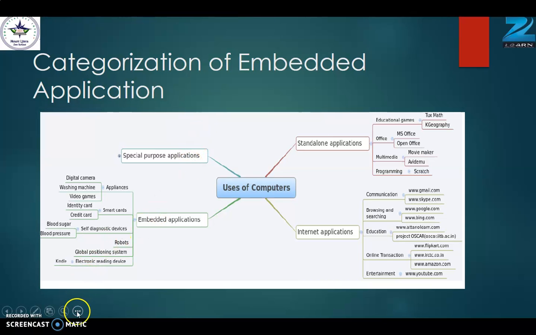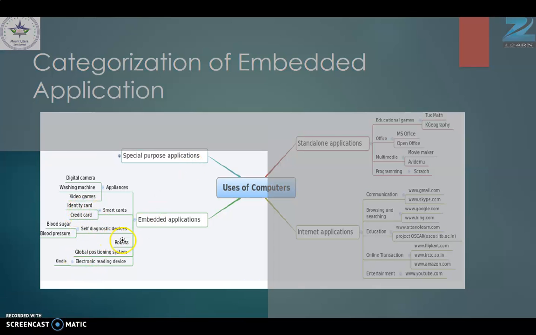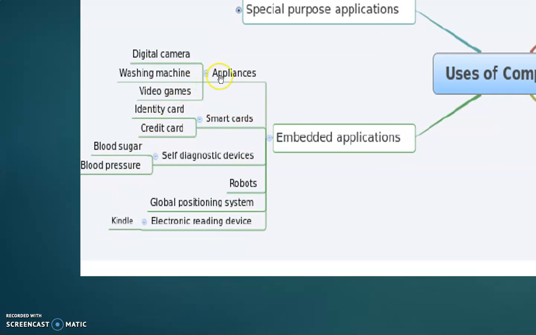Categorization of embedded devices. Home appliances, smart cars, self-diagnostic devices, robots, global positioning systems, electronic reading devices. All this comes in the category of embedded devices. Appliances like digital camera, washing machines, video games, all this we are using at home. Smart cards, identity card, credit card, all this also comes in the category of embedded applications. Self-diagnostic devices like blood sugar monitor, blood pressure monitor.